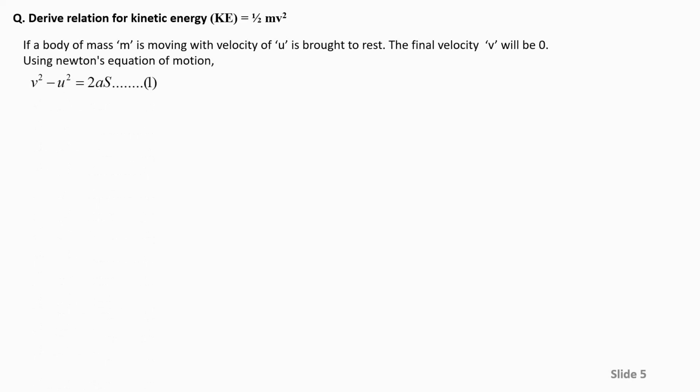Using Newton's equation of motion that we have seen in class 9, v square minus u square is equal to 2as, or v square is equal to u square minus 2as. When u is brought to the left hand side, it becomes v square minus u square is equal to 2as.